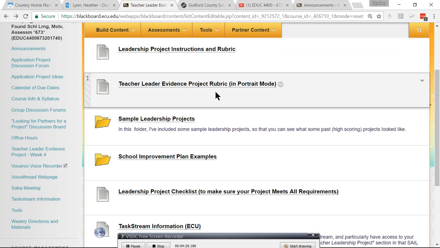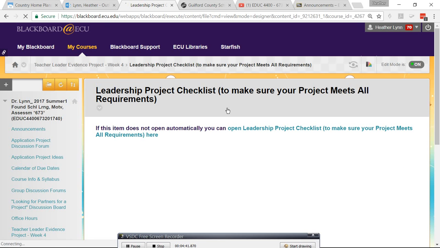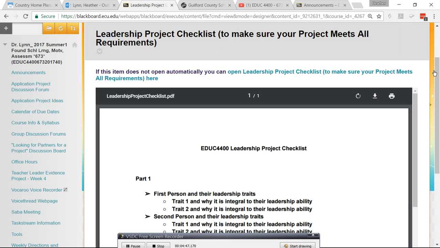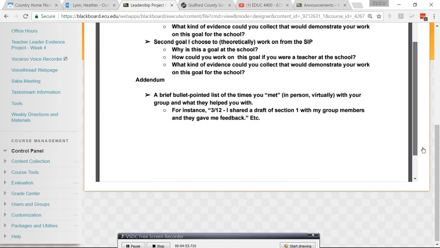That discussion will help you potentially know a little bit more about how they are implementing, what strategies they're using in the school to implement the plan. Okay, and there's also a helpful checklist, which is again just a resource for you, but it will have basically all of the sections broken down so that you can go back through it after you've written your paper and make sure that you've got everything you need.